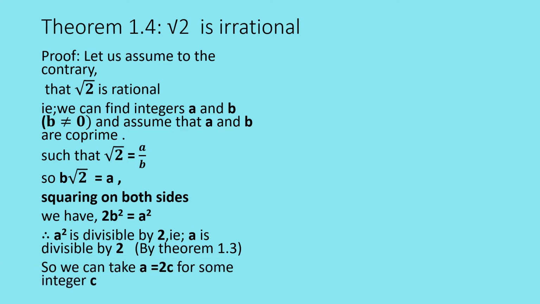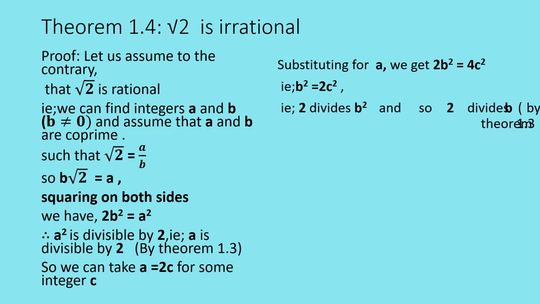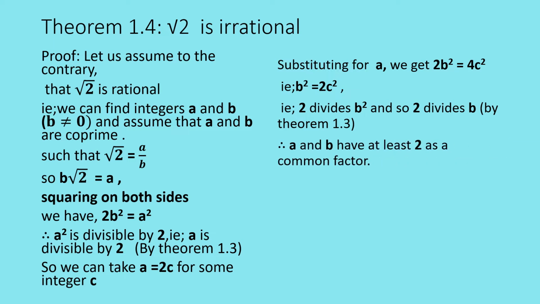So, we can take a equal to 2c for some integer c, and you can substitute the value of a in the equation 2b square equal to a square. So you will get 2b square equal to 4c square. 2 is common in both, so you will get b square equal to 2c square. That is, 2 divides b square, and so 2 divides b, same as by theorem 1.3.